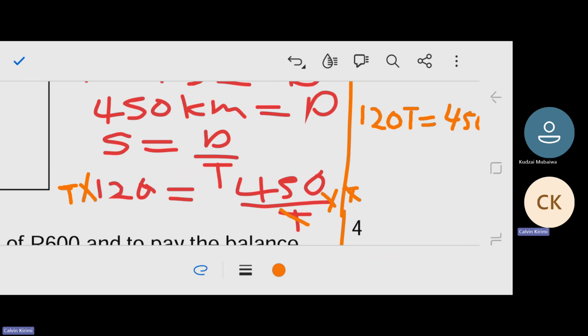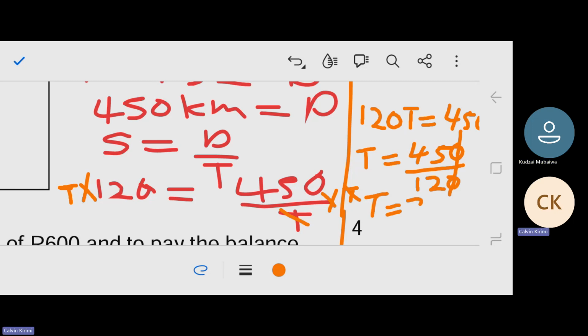Then you divide both sides by what? 120. So t is equals to 450 divided by 120. Then the zeros obviously cancel. Then you finally get your answer. T is equals to what? 12 goes into 45 how many times? 3 times, 36.